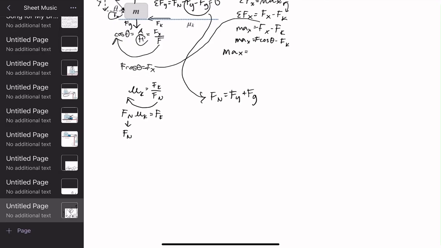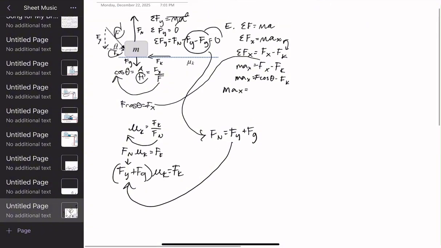So we can plug it in to this equation. And then we can expand for Fy and Fg, again by using the diagram.